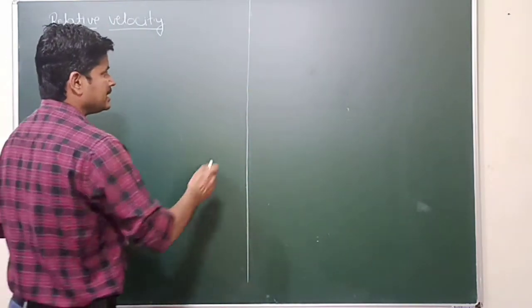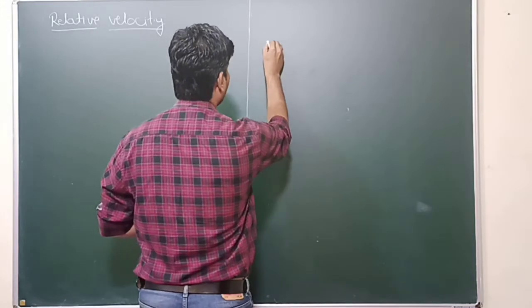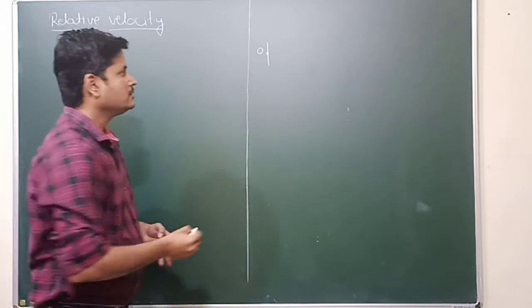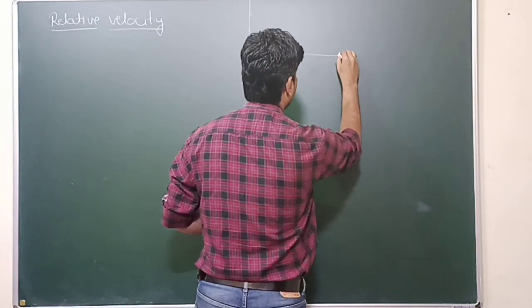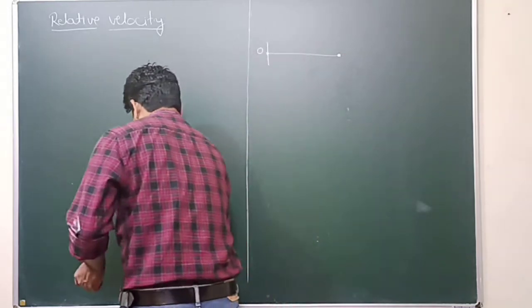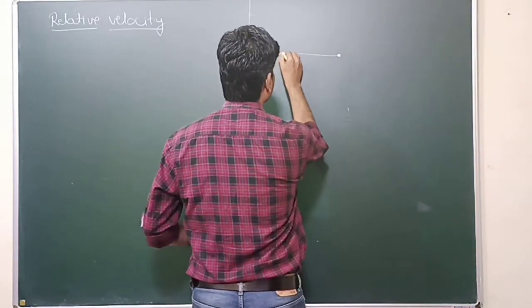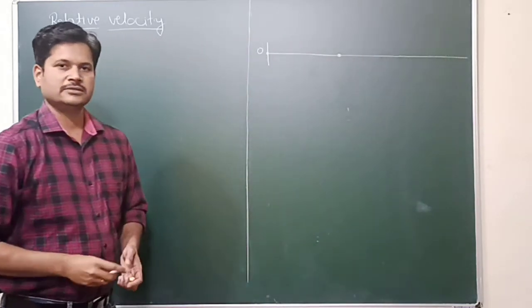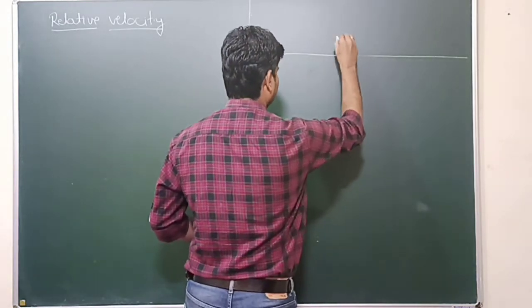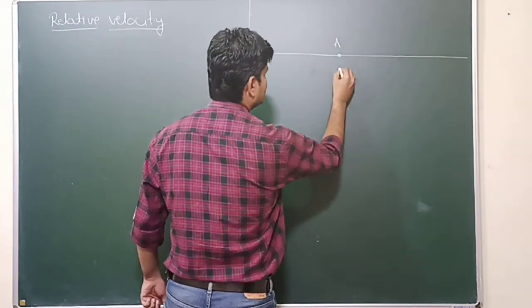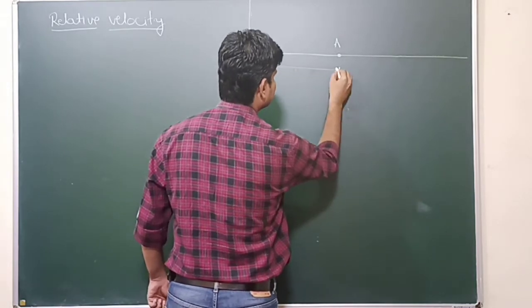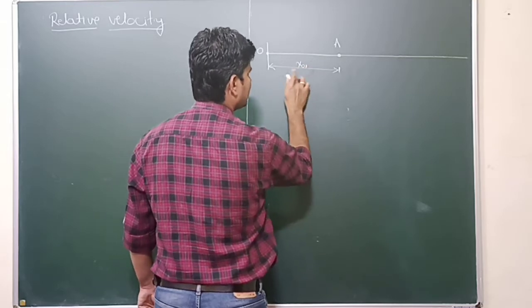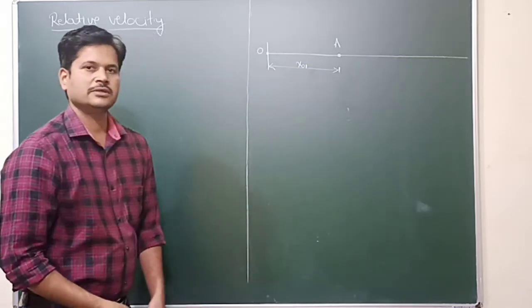Okay, let us consider there is a frame of reference here, the origin 0, correct? The object A is here, and the position of this object is x01.